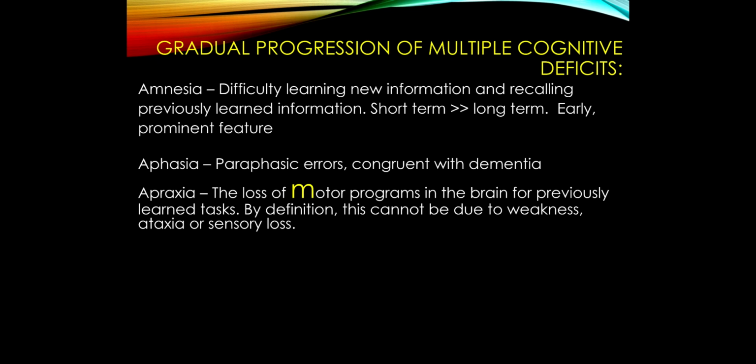Apraxia, we talked about last year, is a loss of the motor programs for previously learned tasks. Recall that we have thousands, tens of thousands of these motor programs for everything that we do throughout the day, for dressing, for brushing your teeth, eating, driving, all these kinds of things.